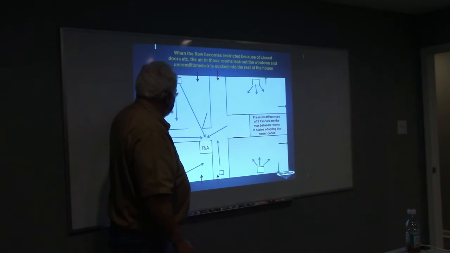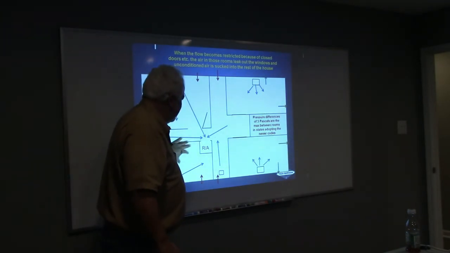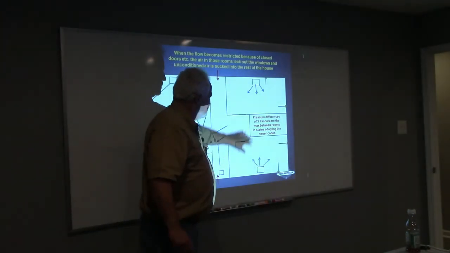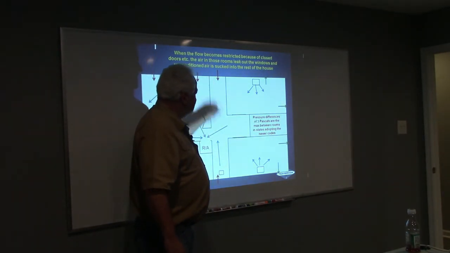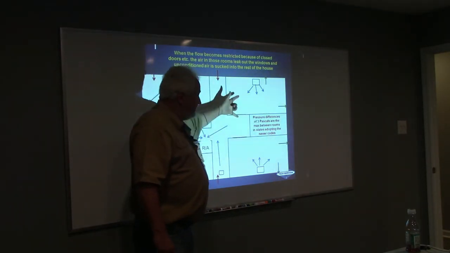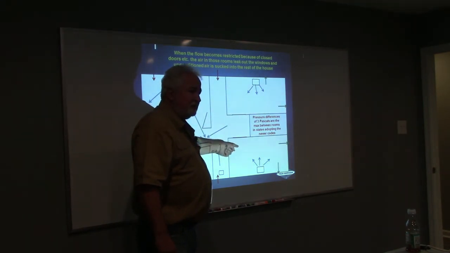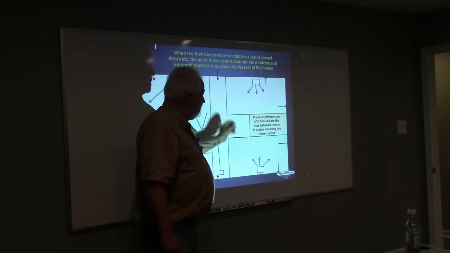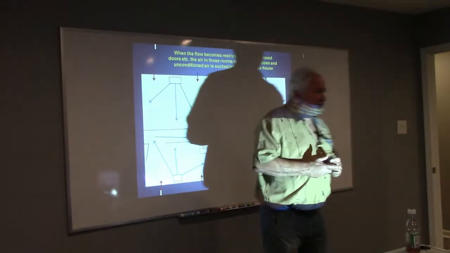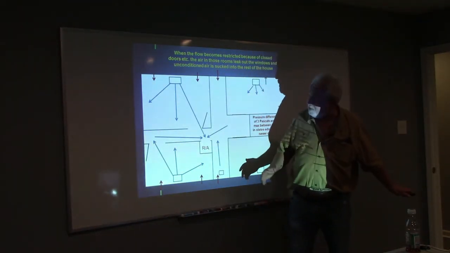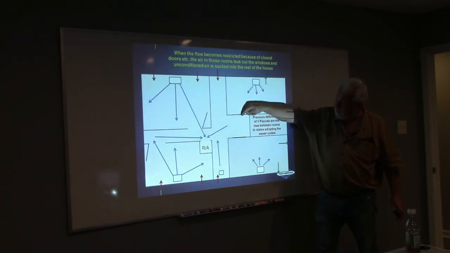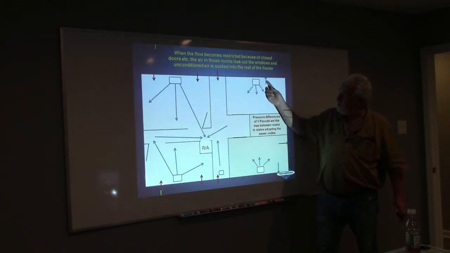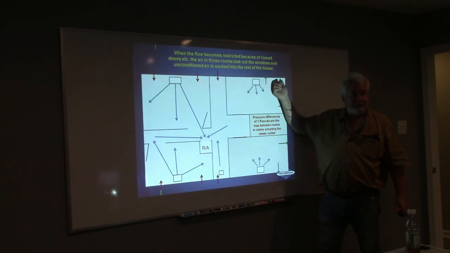Here's the living room, the master bedroom, the kids' rooms, and there's the kids' bath right there. So the kids come home from school, they go into their bedrooms, and what do they do to the doors? They shut the doors. So if they're shutting the doors, we just eliminated all the return path. So now whatever's coming into here, some of it's sneaking under the door, but the rest of it's going out. Is that right?